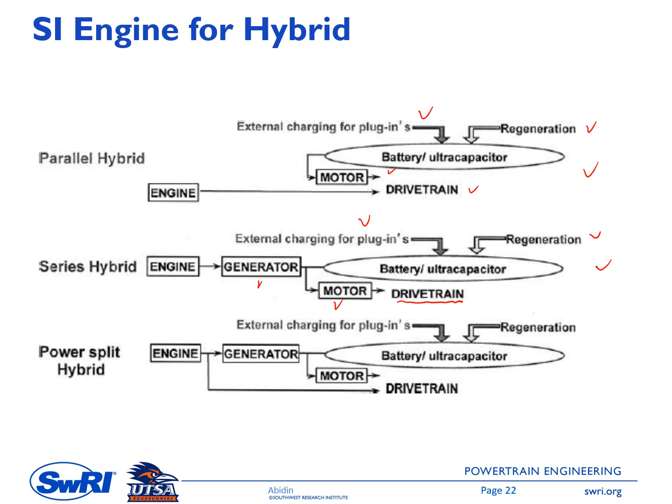A good thing about this series hybrid is that the engine operating condition is independent of the car speed or car load. So we can operate this engine at the optimum point. You will see later in the next chapters that the engine has a certain operating characteristic.